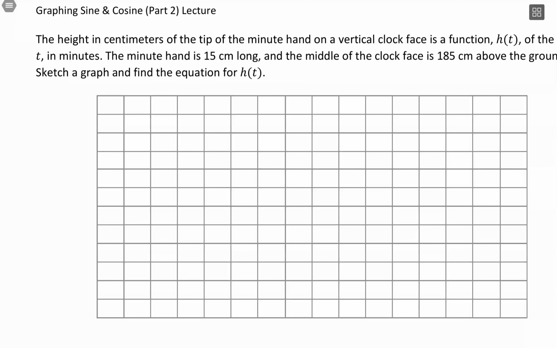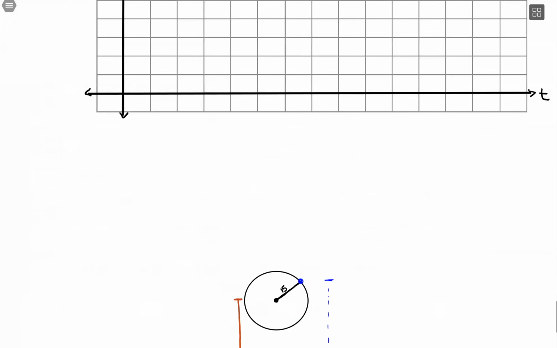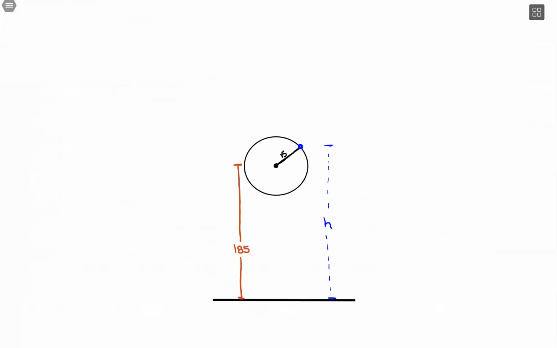And skip the graph and find the equation. Okay, so I'm going to go ahead and make this graph in our first quadrant, since these should all be positive. So we're looking at h of t, mapping the height and the time. Now, from this picture, I can get an idea of the amplitude and midline, which will help me set up my y-axis.